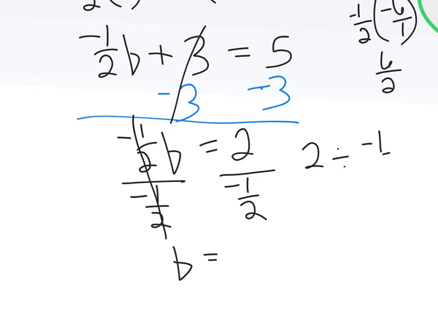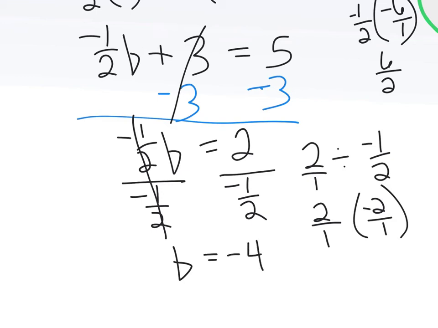When we do that, if we were not using a calculator here, we'd want to work it out like this: keep change reciprocal. The negative sign can go either spot when you do that. And so that would end up being negative 4. If you had a calculator option, you could just do 2 divided by negative 5/10, and that would give you that answer as well.